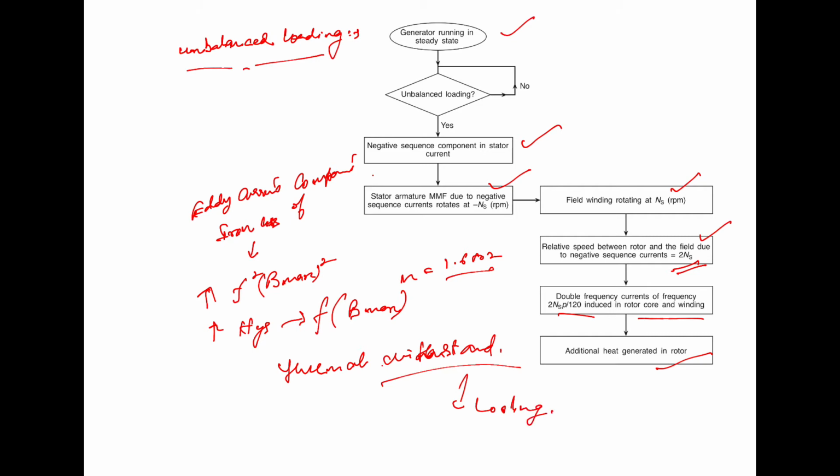Now, the rate of heat generation is proportional to I square R, while the heat energy is proportional to I square R into t, where t is the time.